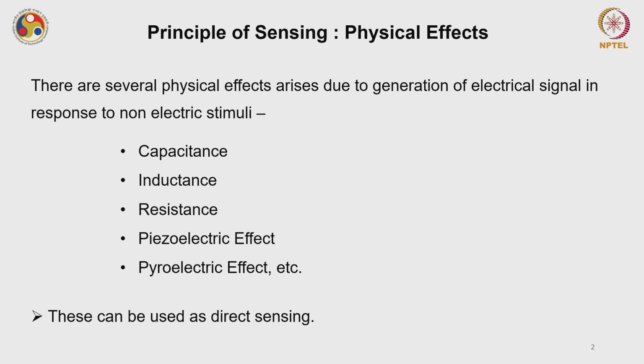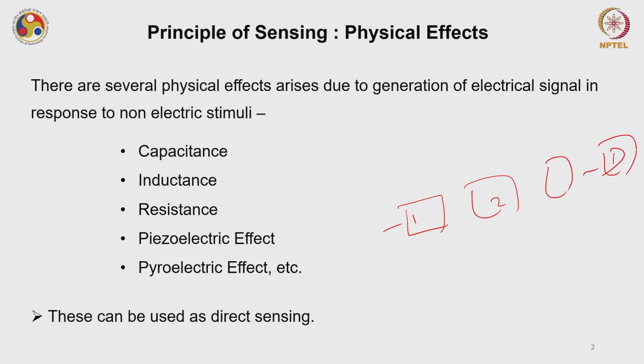If you remember, we have seen the definitions of direct sensors and complex sensors. Direct sensors were those where the physical effects can directly convert non-electrical stimuli to electrical stimuli. However, complex sensors were composed of various transducers, like transducer 1, 2, 3, and then connected to a direct sensor.